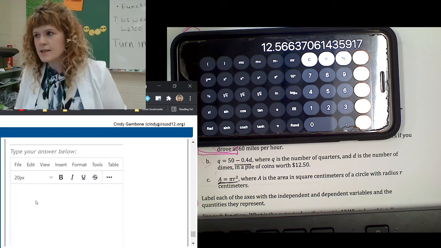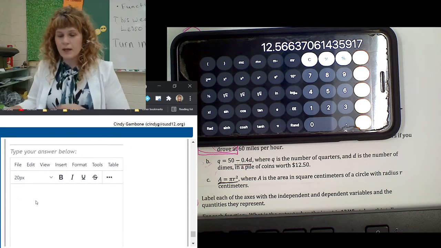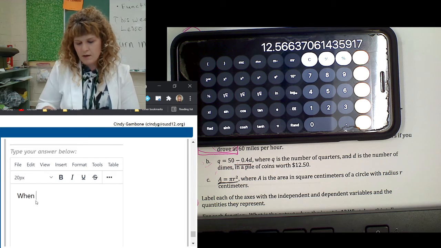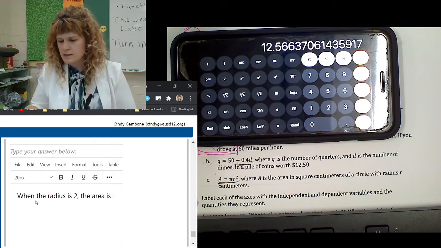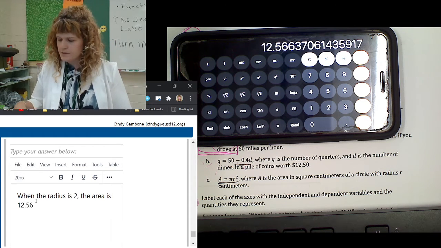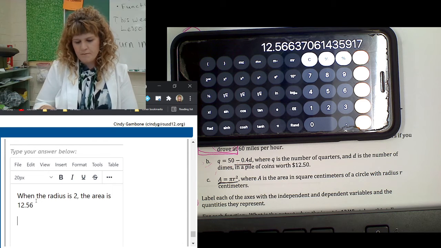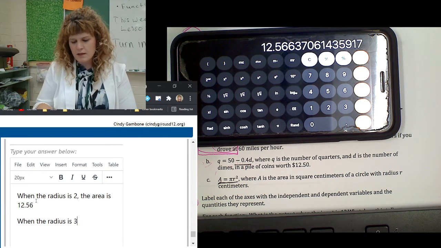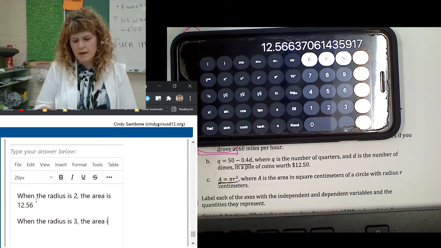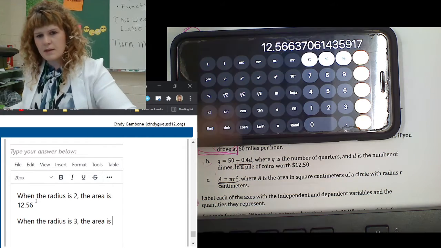Okay, you cannot type graph is on paper, but you can explain it to me. When the radius is 2, the area is 12.56. And when the radius is 3, the area is, and then do the same thing right now.